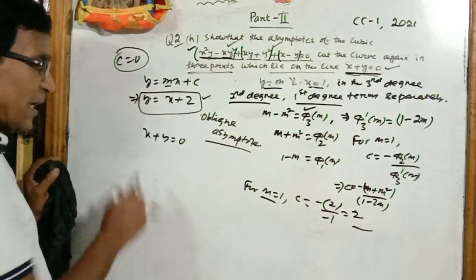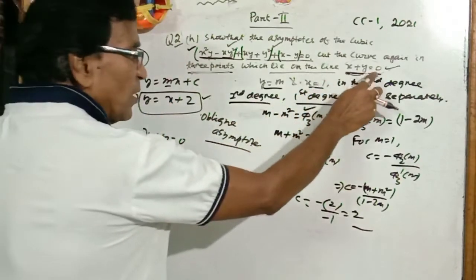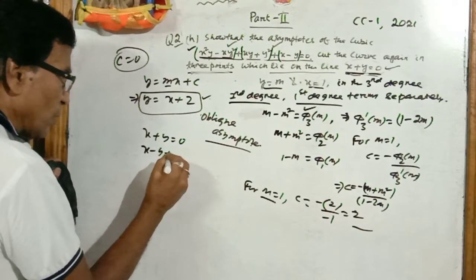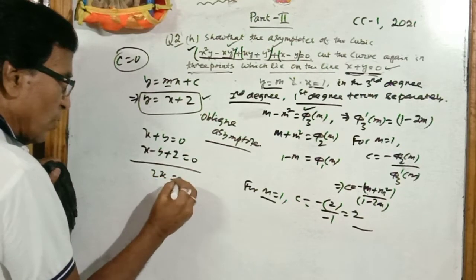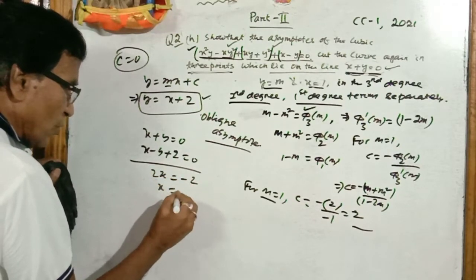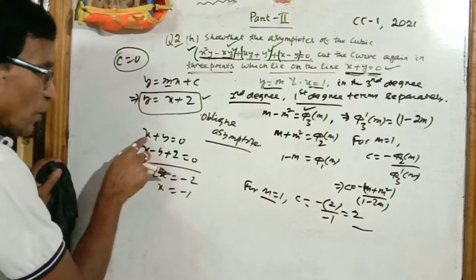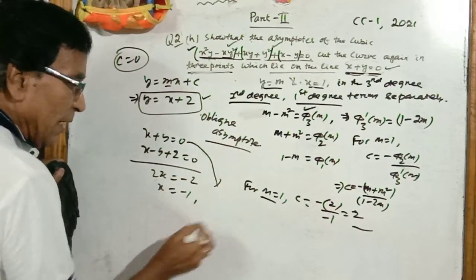That can be obtained by solving these two equations, x plus y is equal to 0 and x minus y plus 2 is equal to 0. On adding we get 2x is equal to minus 2, hence x is equal to minus 1. For x is equal to minus 1, what is the corresponding value of y?